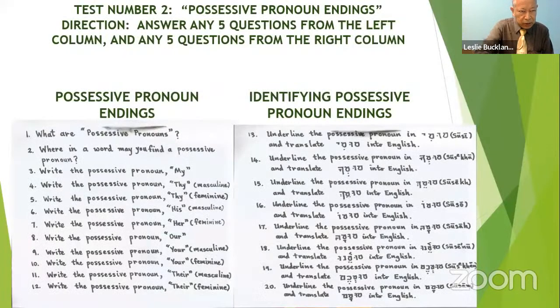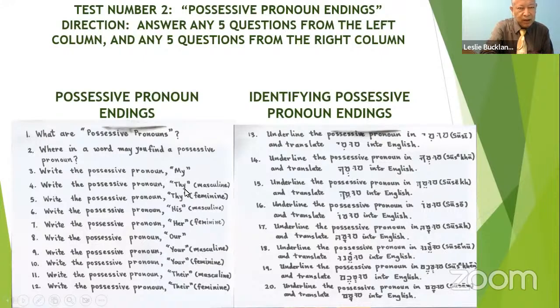Let's look at the next question. Number 4, write the possessive pronoun thy, and you're using it in reference to someone or something that is masculine, whether a human being or an animal. Let's say human.